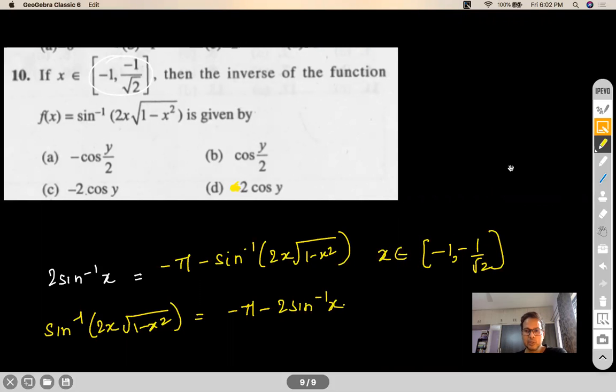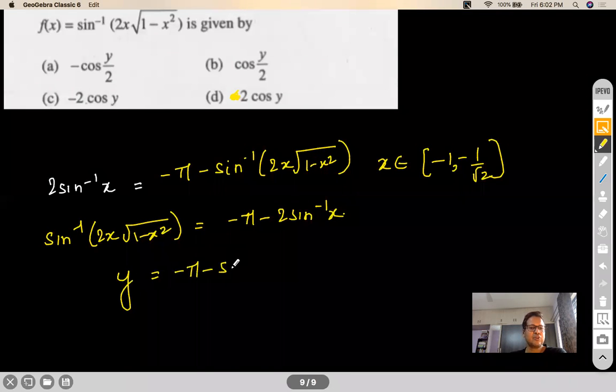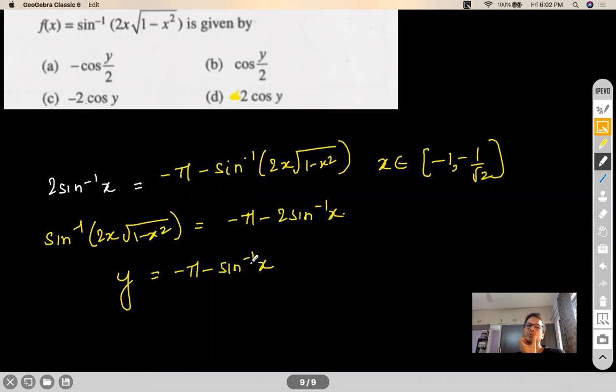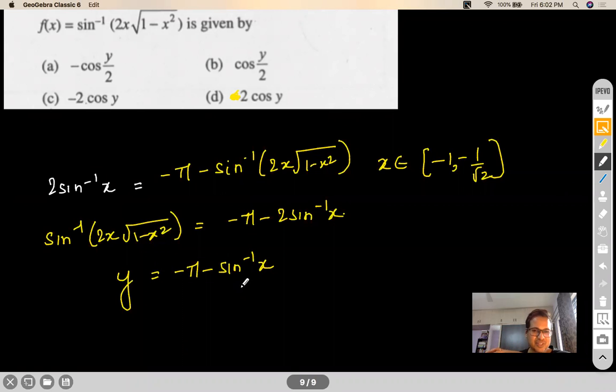Okay, so this is your y. Now whenever we want to find the inverse of any function, what do we normally do? We switch the position of x and y and try to find y from there. Correct? So we normally switch the position of x and y, and I want to find out what is y in terms of x.